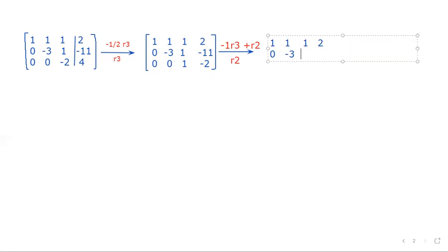And now, negative 1 row 3. That's negative 1 times 1 gives us negative 1 plus 0. That gives us that 0 that we would like. Negative 1 times negative 2 gives us 2, and 2 plus negative 11 gives us that negative 9. So we're almost there. 0, 0, 1, and negative 2. All right.